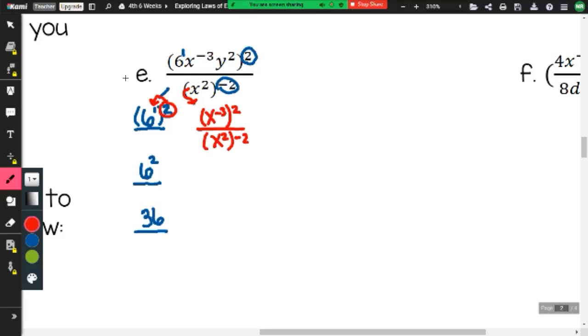Okay. This one's the one that has the most steps, so get ready. First, we do what with the exponents? Okay. So we get at the top, -3 times 2 is? And at the bottom, 2 times -2? Okay.